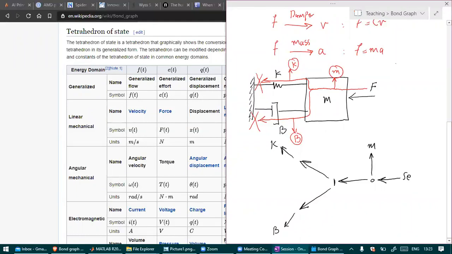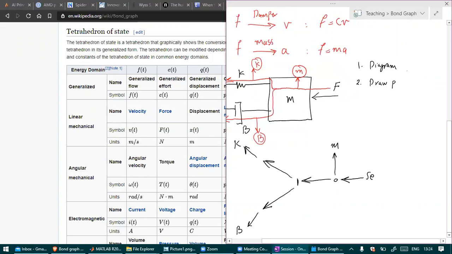do it like this. So first step is diagram. Second step is draw power flow.